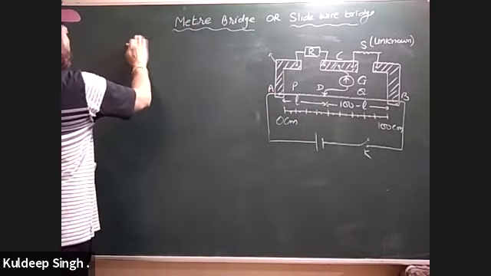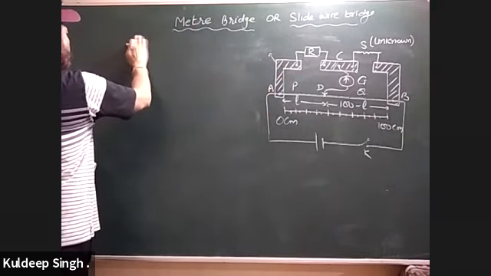By using these two equations, you can find the value of L. From equation 1 and 2, I have now L by 100 minus L equal to 80 minus L divided by L plus 20.